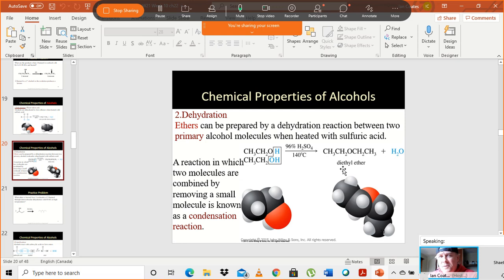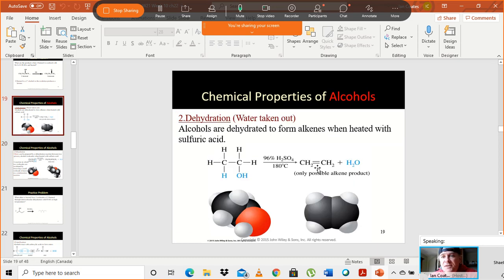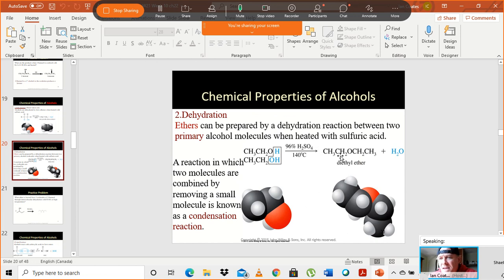We'll deal with it towards the end of the PowerPoint. Diethyl ether. So a reaction in which two molecules are combined by removing a small water. There we go. Not too bad. So with dehydration we can make an alkene, or we can make an ether.